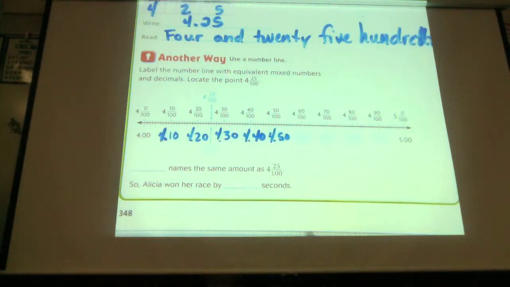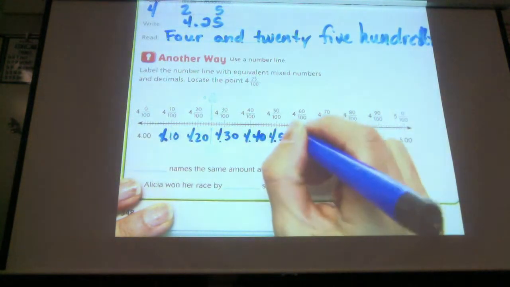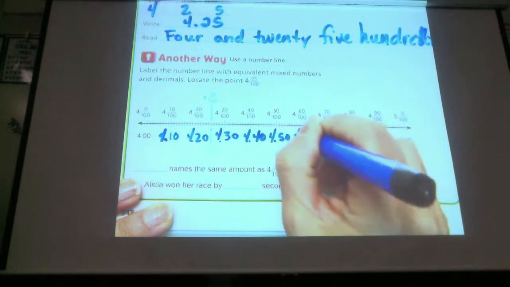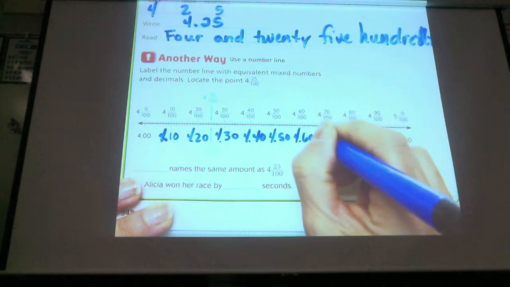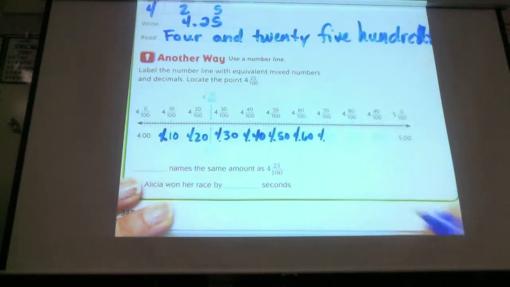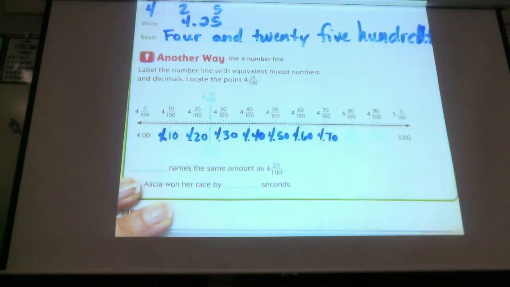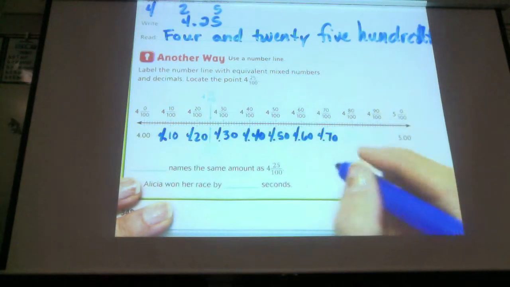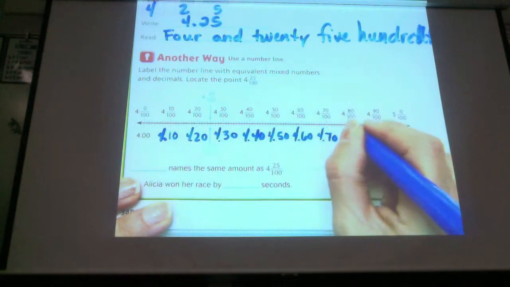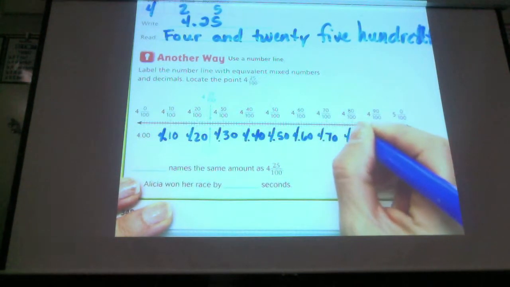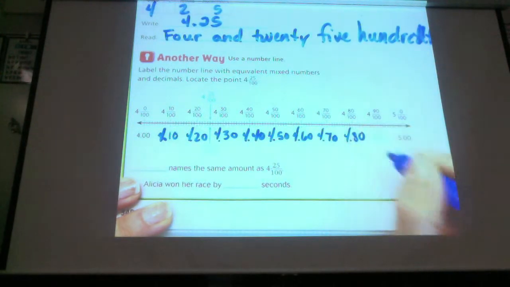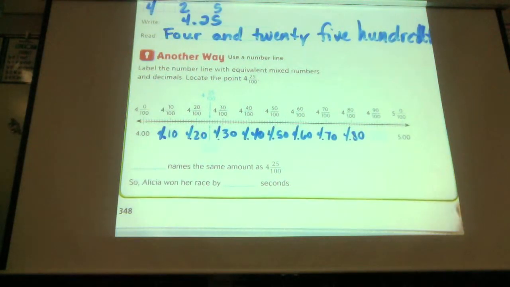Shane, what's the next one going to look like? 4.60. Malia, the next one? 4.70. Okay. Next one, Areli. 4.80. Okay. And the last one, Nicholas.